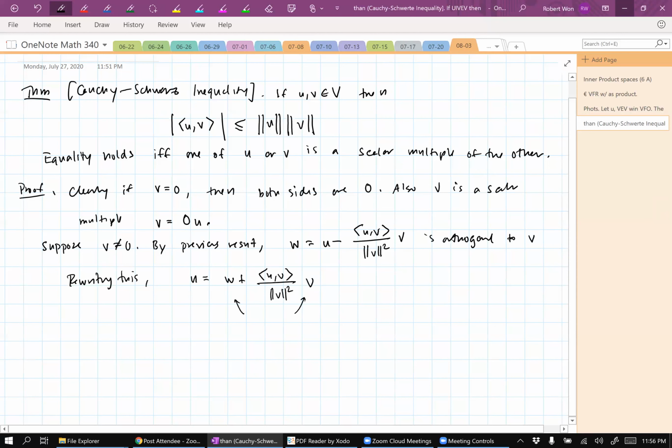This and this, these are orthogonal. So by the Pythagorean theorem, the norm of u squared is equal to the norm of w squared plus the norm of this whole vector.